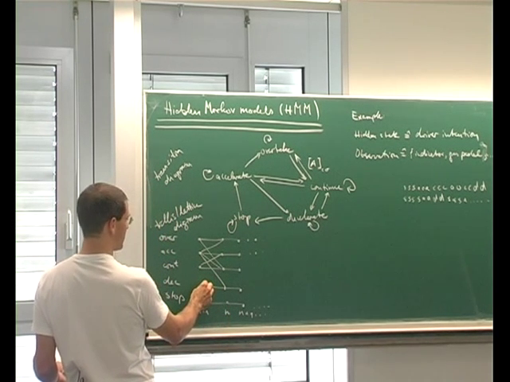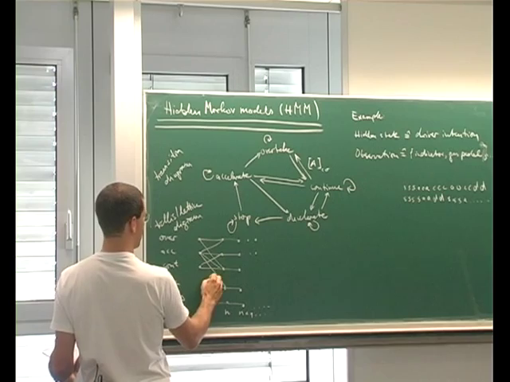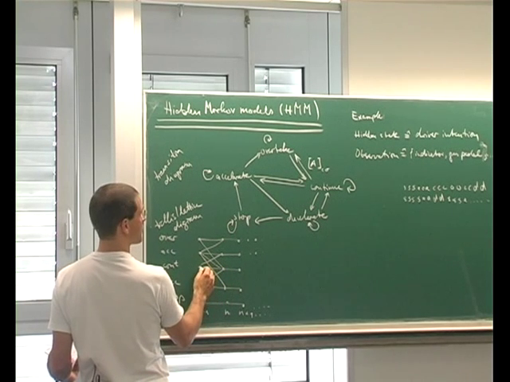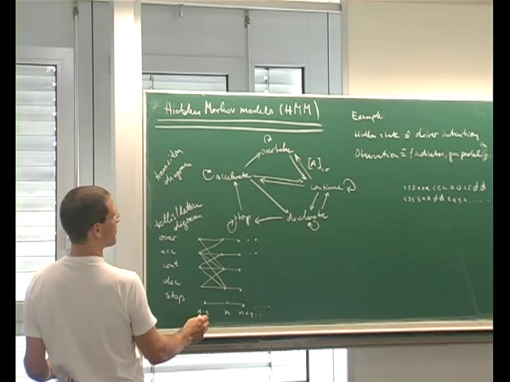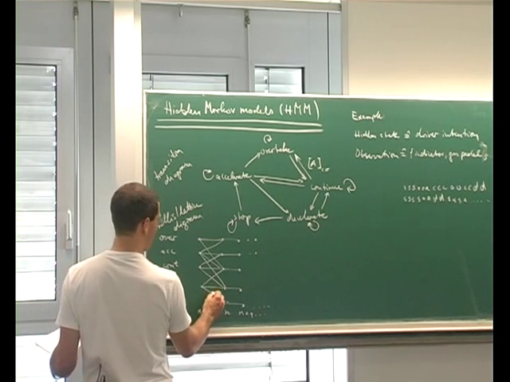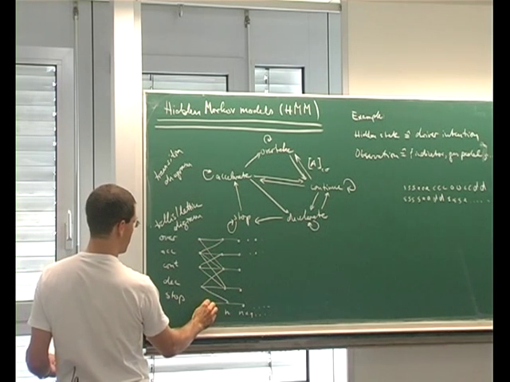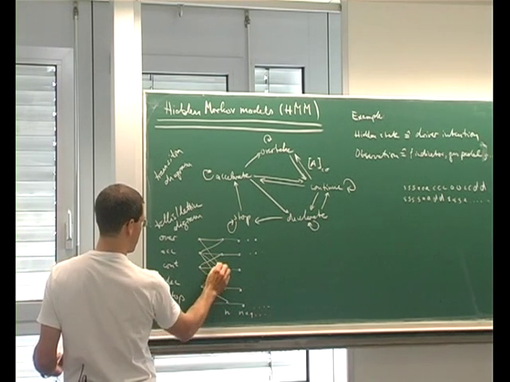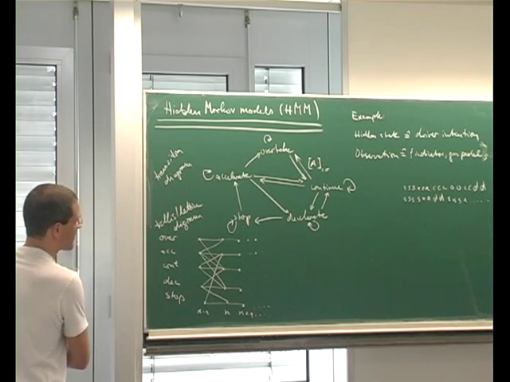And from decelerate I can continue. From continue I can decelerate. And from decelerate I can stop. Now the only possibility to get out of stop is to accelerate. Okay, starting to get messy.